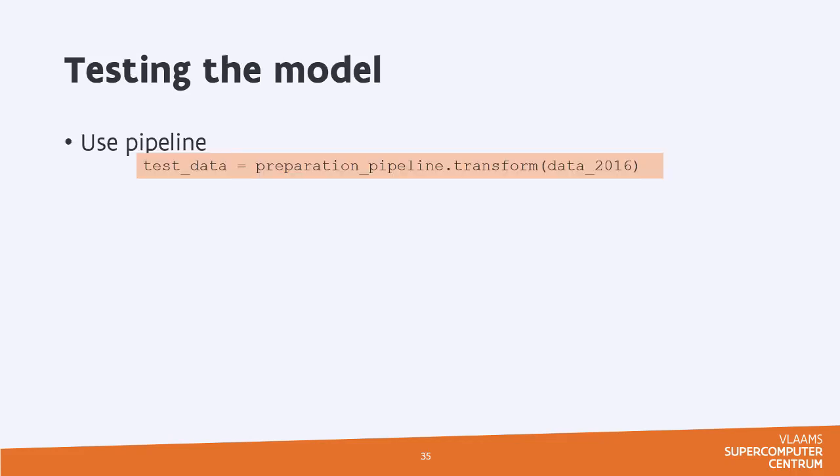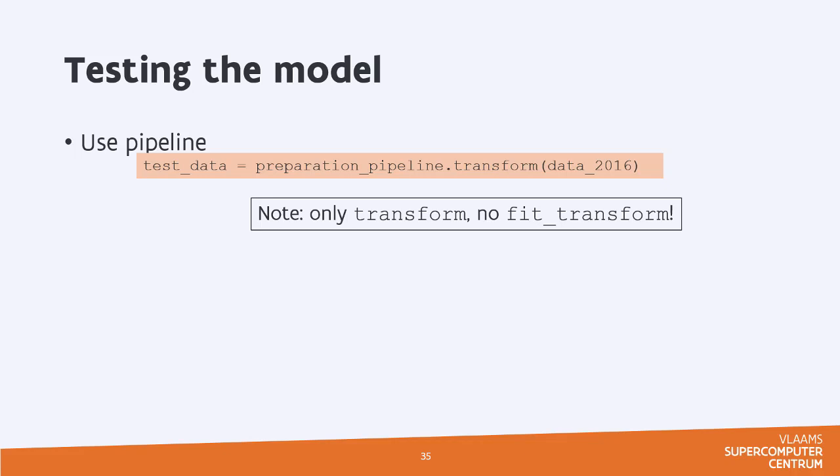Of course, what we would actually have to do in order to ensure that we are doing the right thing is running our model on data that has not been used for the training. So that's our test data. That's the 2016 dataset, which up to this point we didn't touch. We use the same pipeline as before, but note the difference.